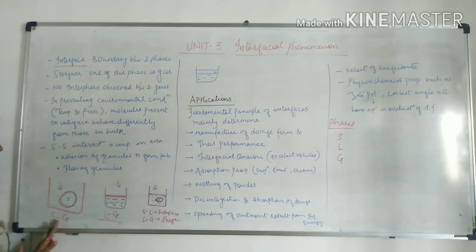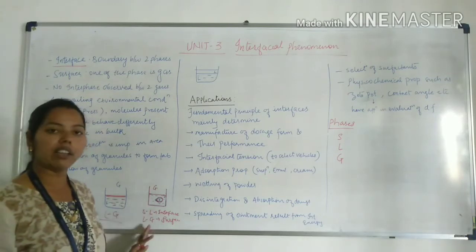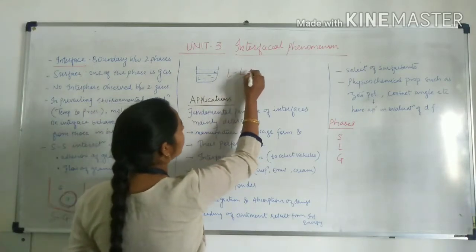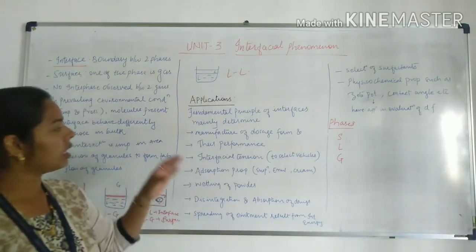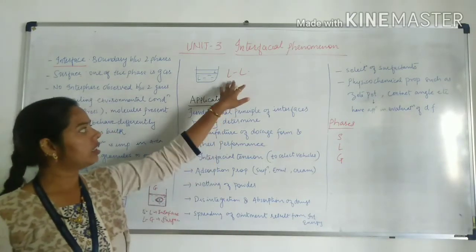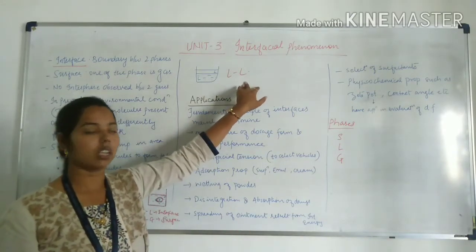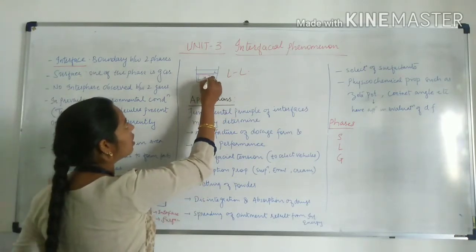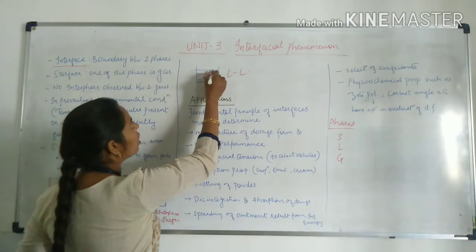So this was solid gas, solid liquid and liquid gas. Another example is the liquid liquid interface. Suppose we have two immiscible liquids which do not get miscible with each other. Suppose this is water and this is octanol.